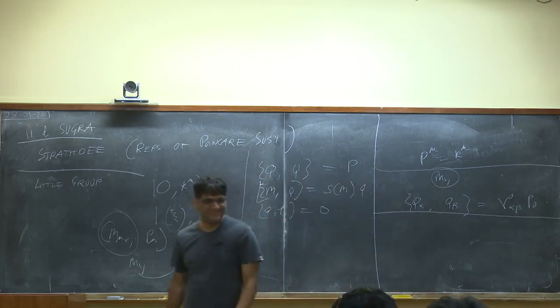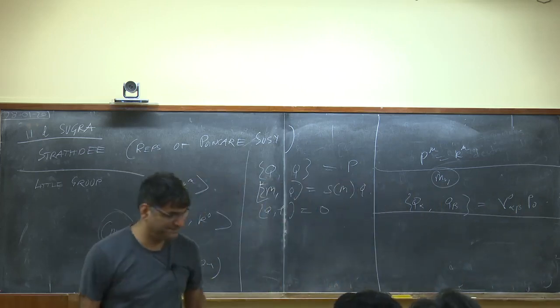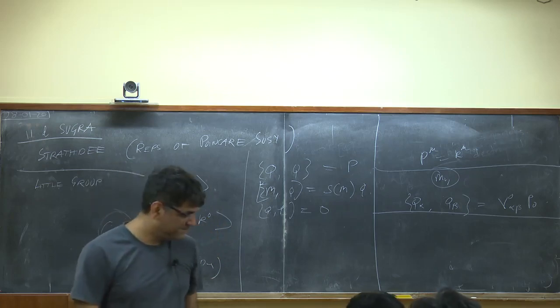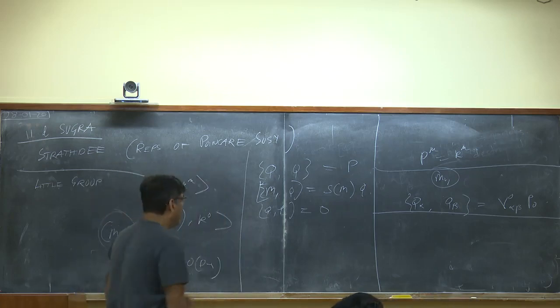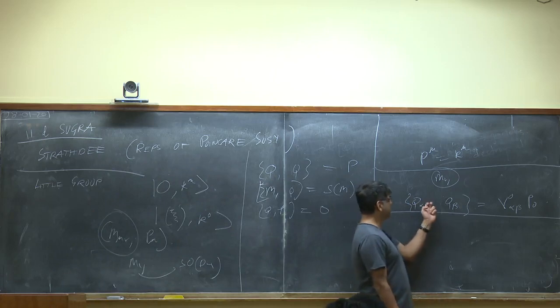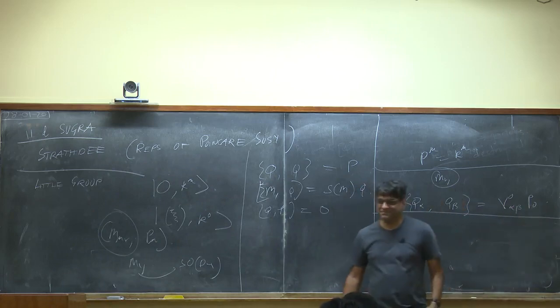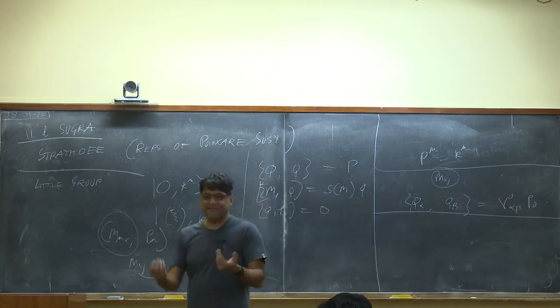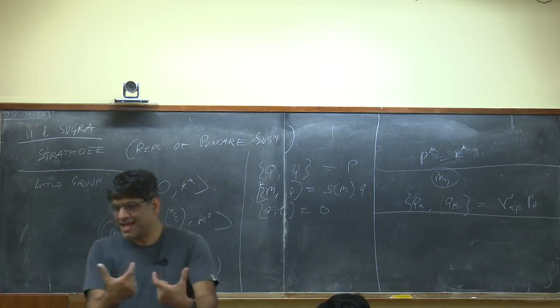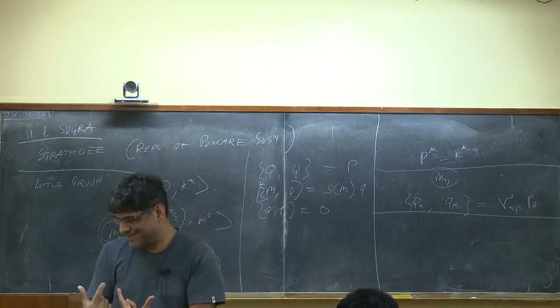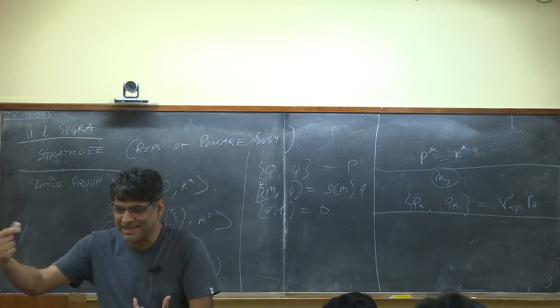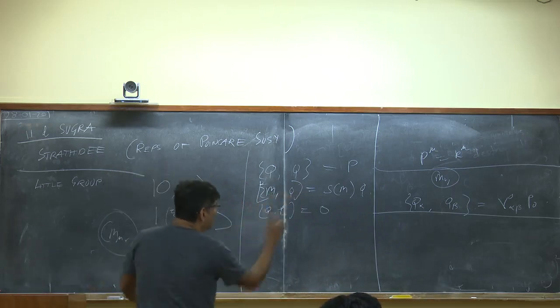This is P0 because it is central, because we're in the rest frame. Okay, now this is some sort of Clifford algebra, where you have fermionic objects such that pairs of fermionic objects anti-commute to something particular.